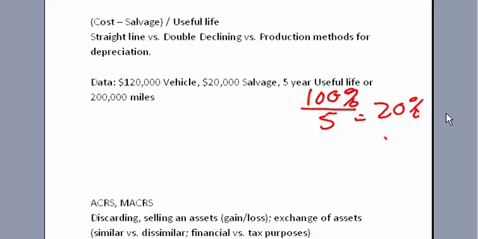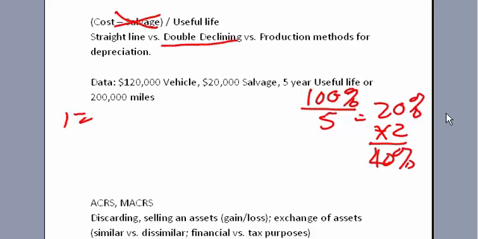The double declining then says take that times 2, so we're going to take 40%. This method's a little different in that we don't use the cost minus salvage, we just use the cost.